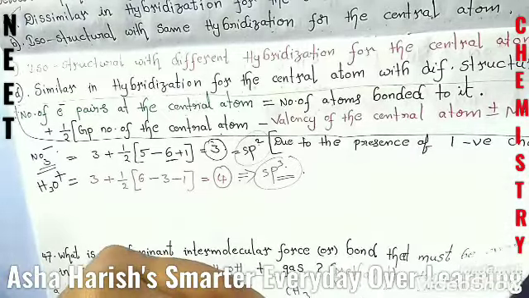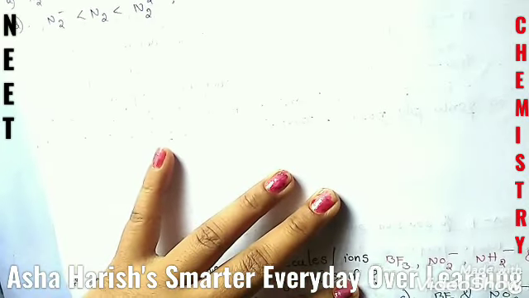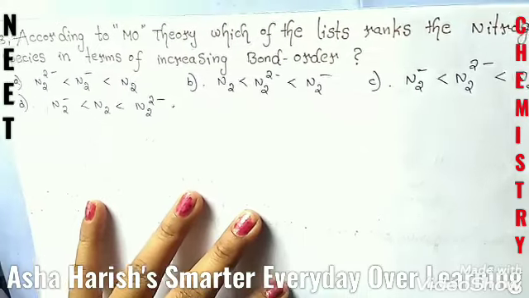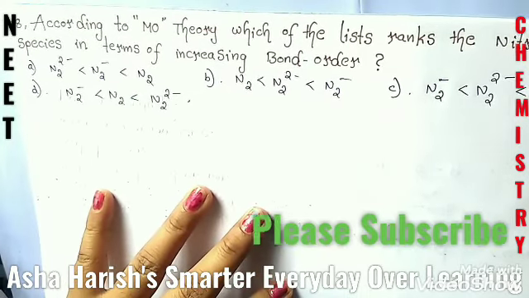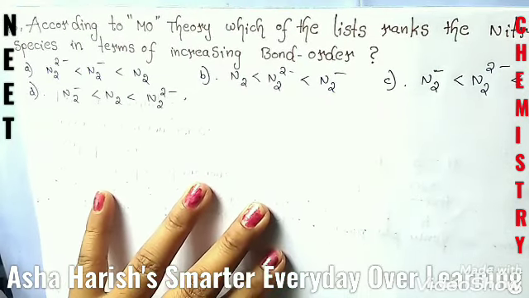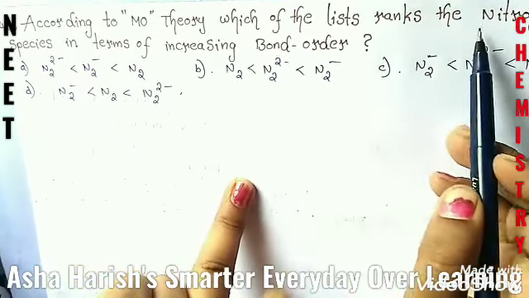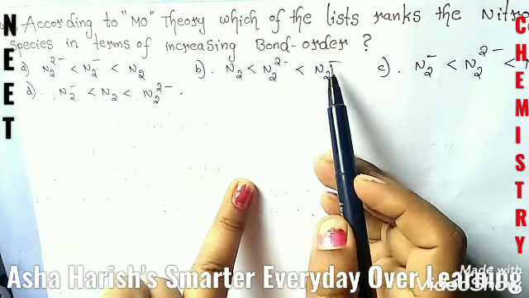Next question. According to molecular orbital theory, students, you know very well, previously I explained the molecular orbital energy level diagrams to you. Which of the list ranks the nitrogen species in terms of increasing bond order?